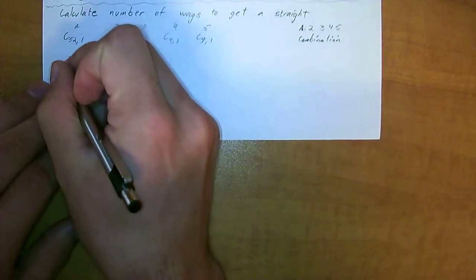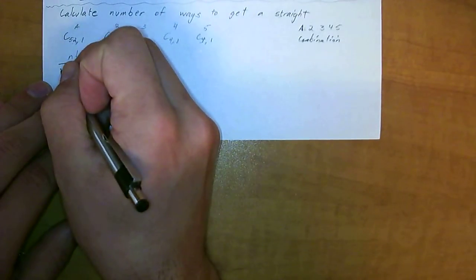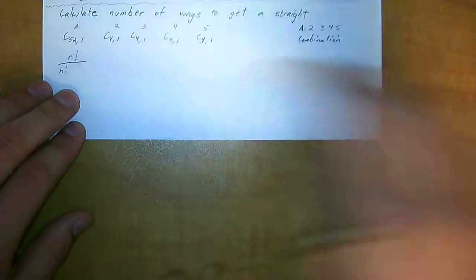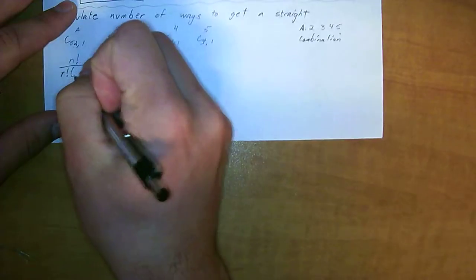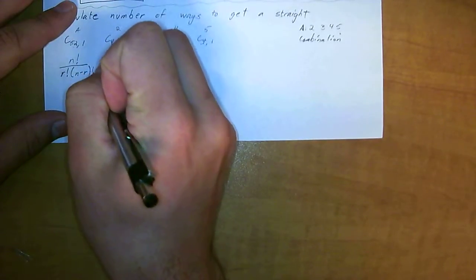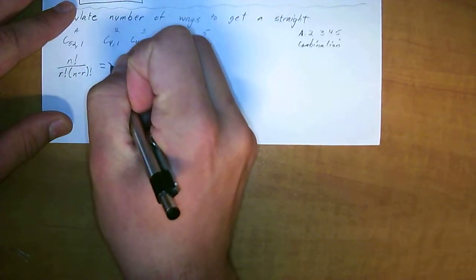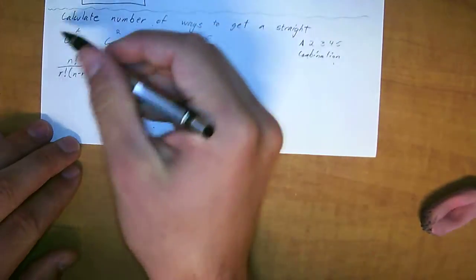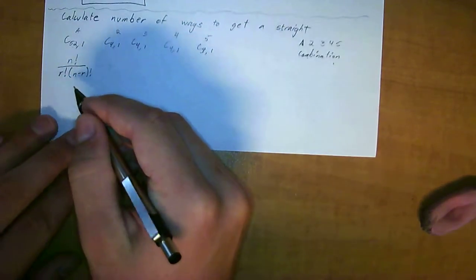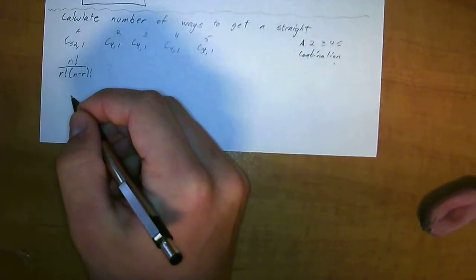So then, if you're using the equation n factorial all over r factorial times n minus r factorial, then this is going to go to this combination with the C and everything else. I'll actually move this down here so it's a little easier to see, keeping it in columns.